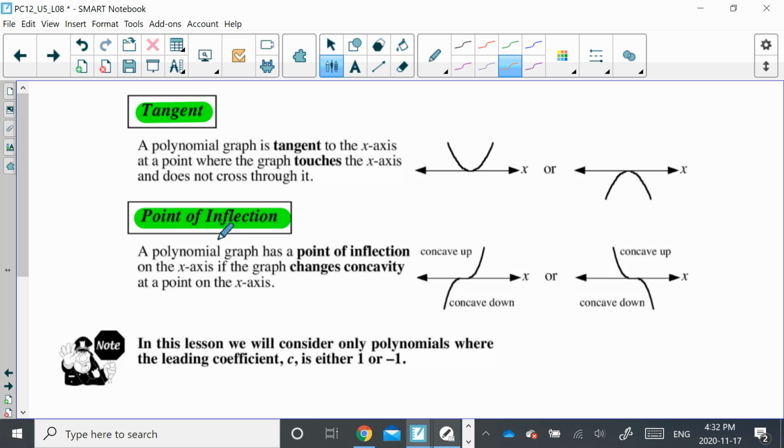So the first thing is a graph that's tangent. So a graph that's tangent is going to have a multiplicity that's even. So a graph that's tangent, it's going to have factors where the multiplicity is even.